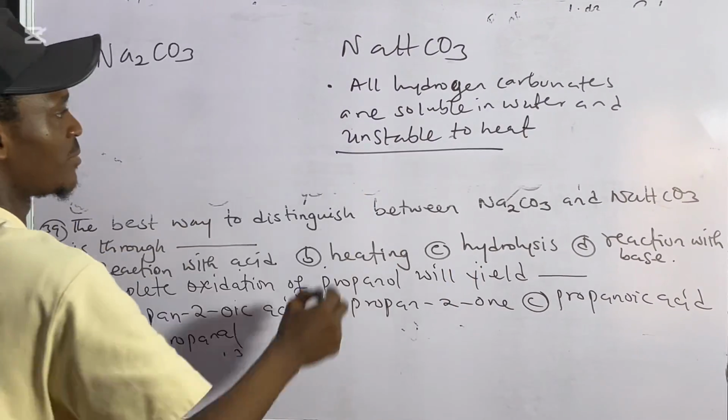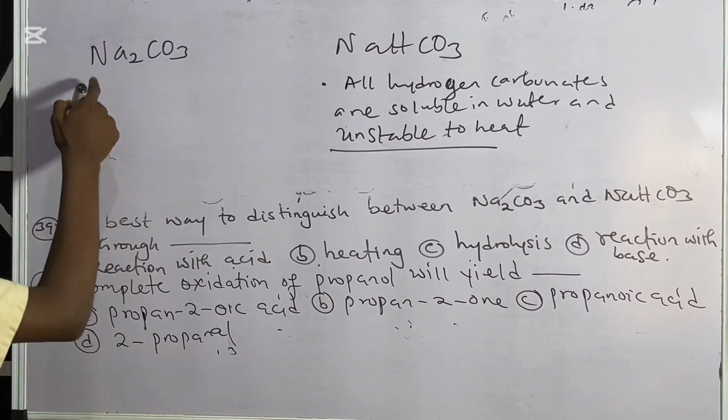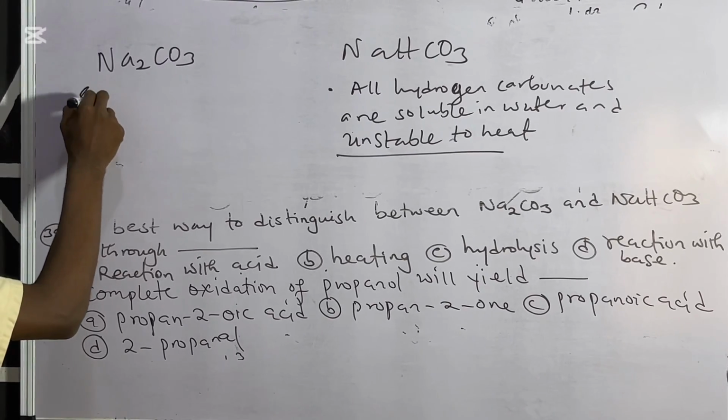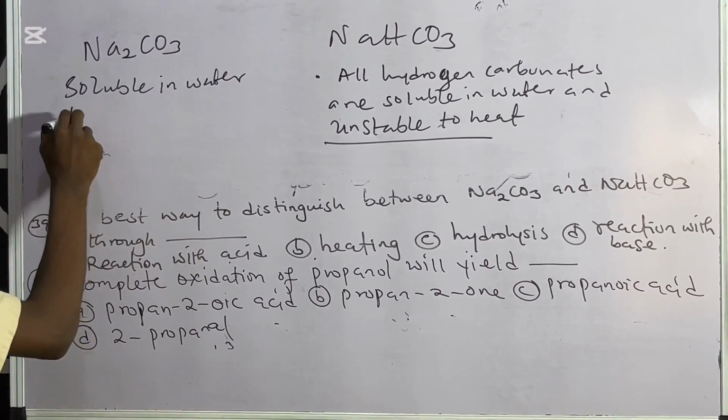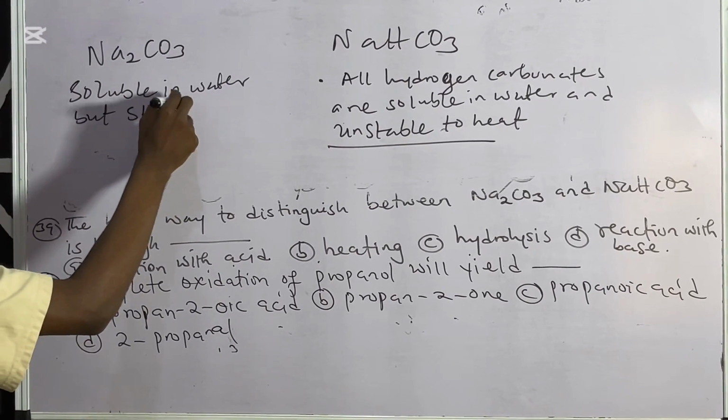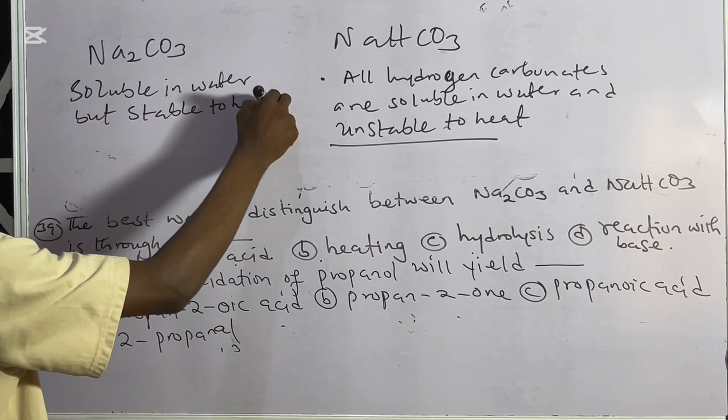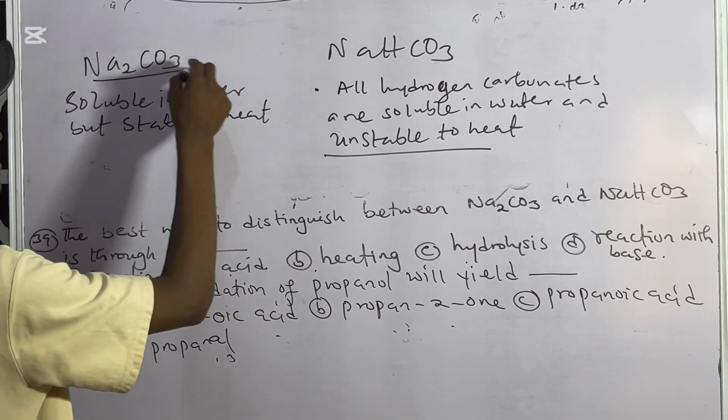What does that mean? It means when heated, they get decomposed. Then while this guy is soluble in water but stable to heat. So it means you can use heating action to distinguish this from this.